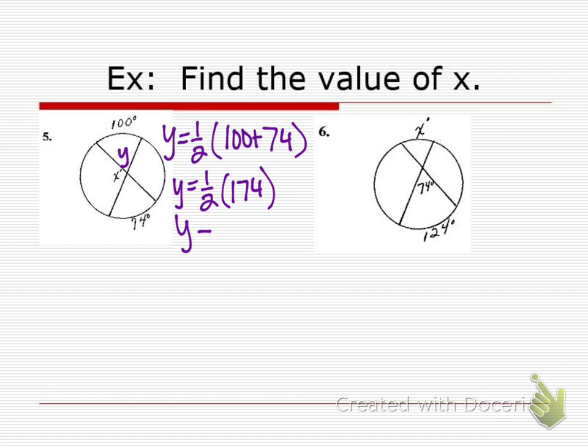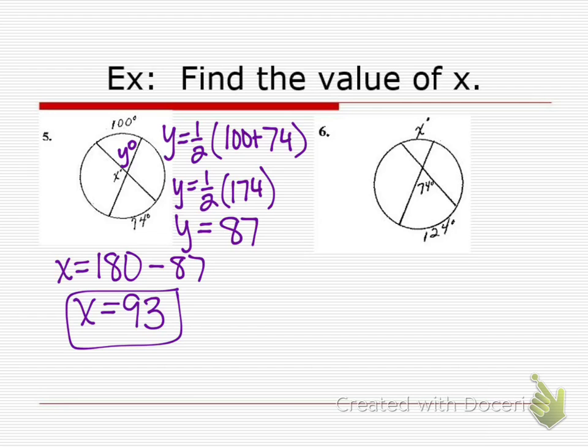And it would be y equals 87. Beautiful. So once we find y, we know that x and y have to be supplementary. So to find x, we need to subtract from 180. What do we get for x? 93. Beautiful.